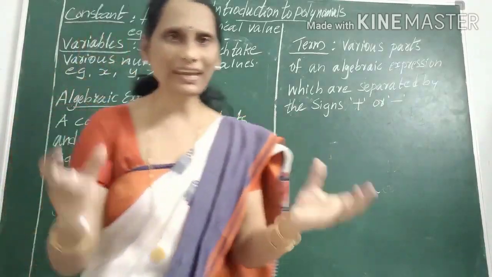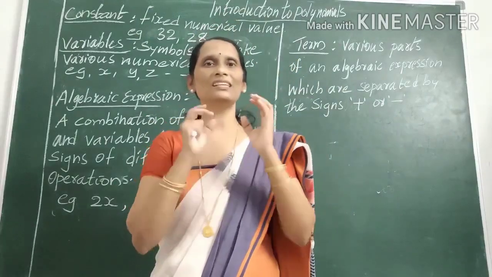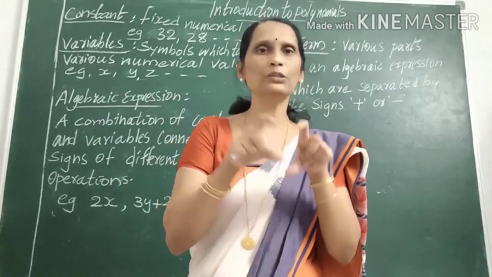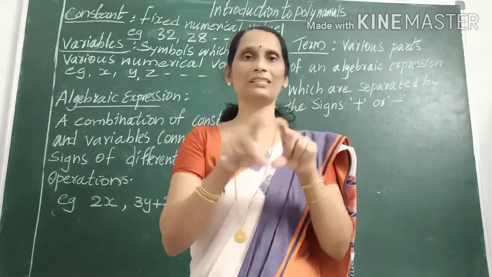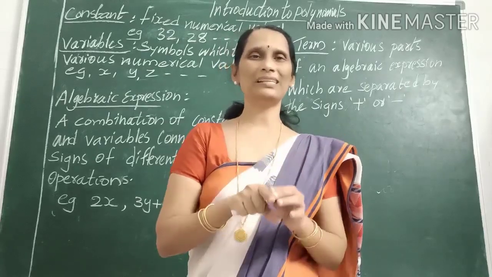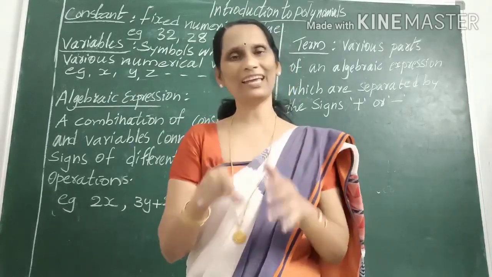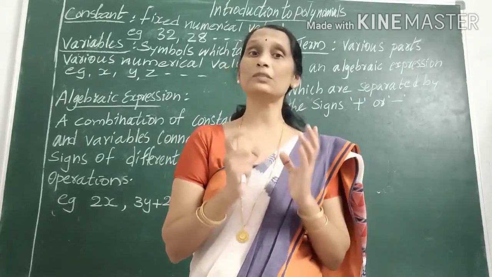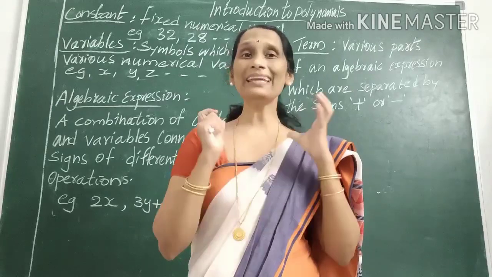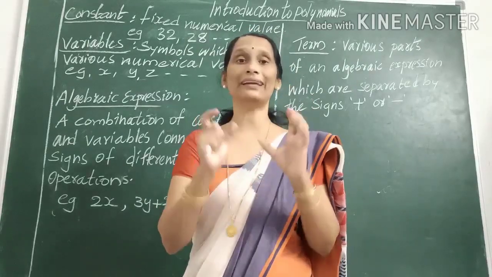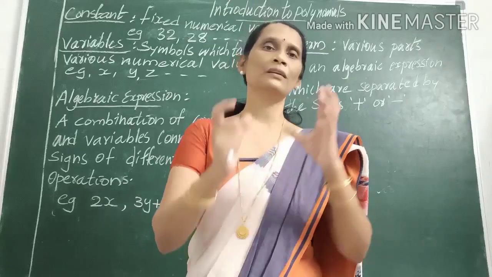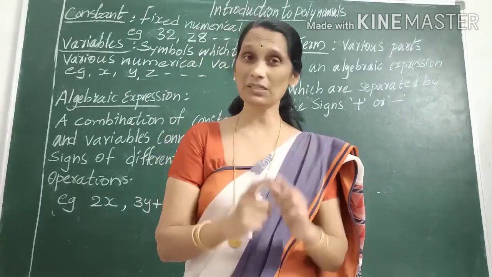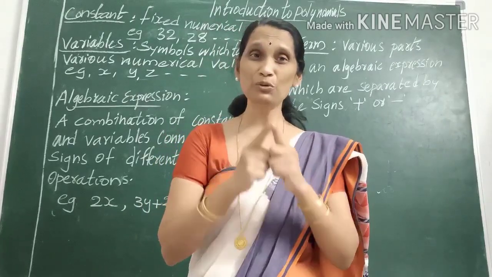If we take a combination of these variables and constants connected by using different signs of operations like plus, minus, multiplication and division, we call it an algebraic expression. So an algebraic expression is a combination of constant terms and variables. Did you understand what is constant? Constant means a numerical.